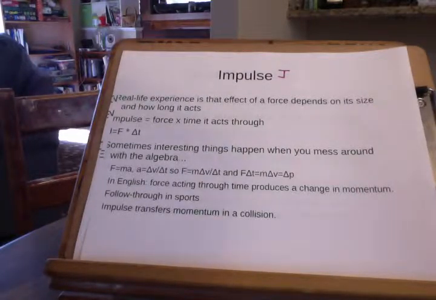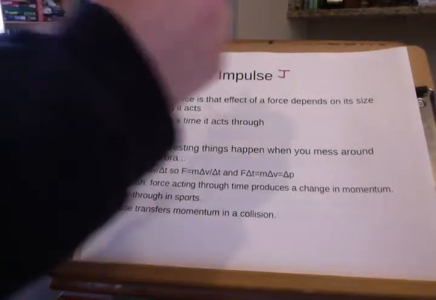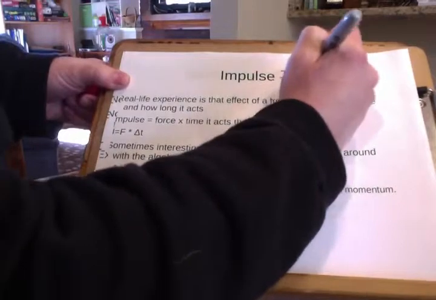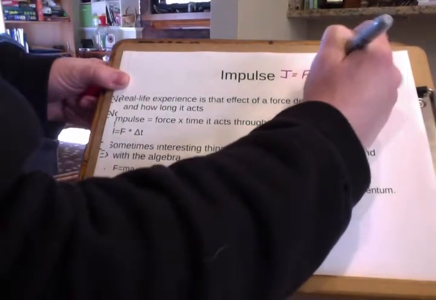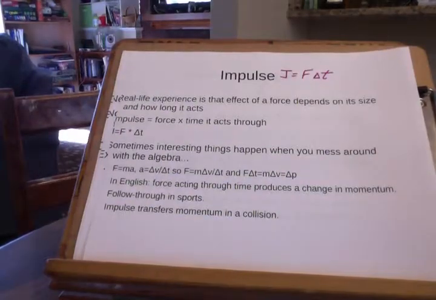If I hit you hard, but only for a microsecond that I'm in contact with you before you fly backwards, then that is going to have less of an effect on you than if I hit you hard and my hand, or whatever I've hit you with, remains in contact with you for a long period of time. So impulse is equal to the force times the time that the force acts through.